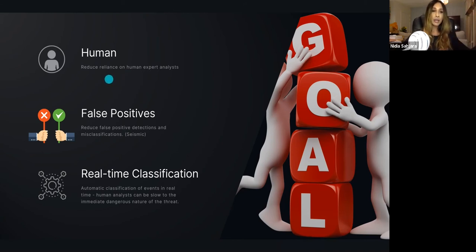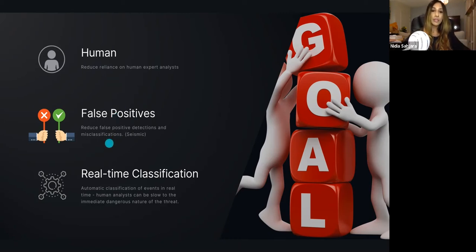We change our technology drastically when we're threatened. There were many cases where we created unimaginable ways to replace humans, and we got it more efficient. So this is just one of the many other ways. So it's to reduce human expert analysts. We're not saying fully automated, but at least try to reduce it.